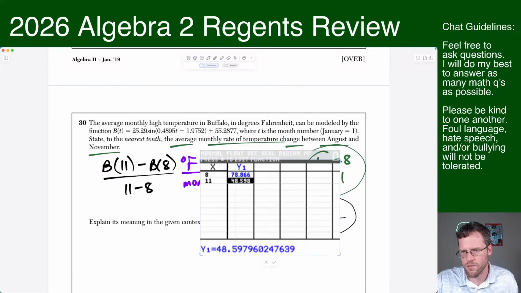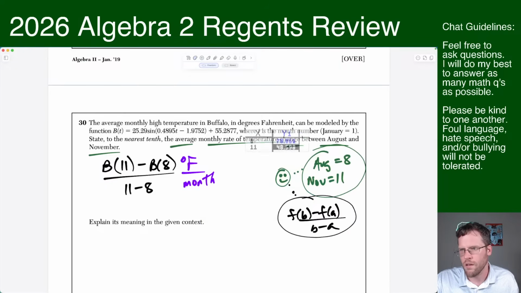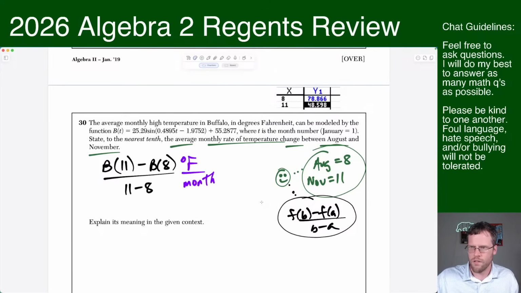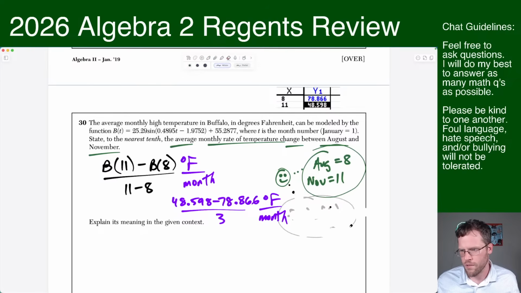So here, let me just clean this up a bit. Okay, so this, I could just go and find here. So 48.598 minus 78.866 over 3, and it's degrees Fahrenheit per month. And then I'll just get rid of this one here.